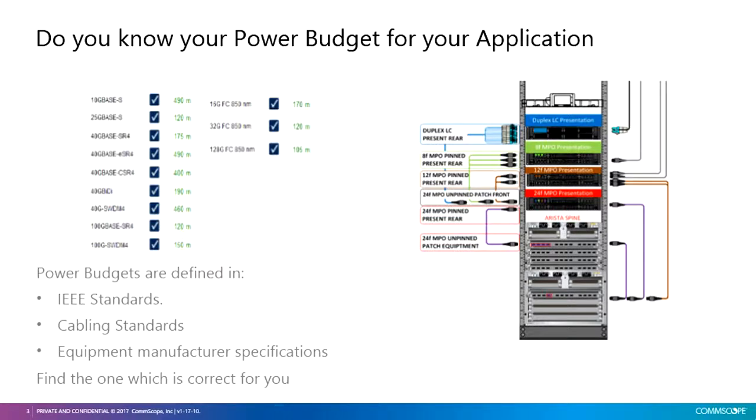Looking at the similar BiDi, which we use very frequently in data centers, the BiDi transceivers for 40 gig, by standard, it's around 130 to 140 meters, but with CommScope ultra low loss solutions, you can run up to 190 meters.